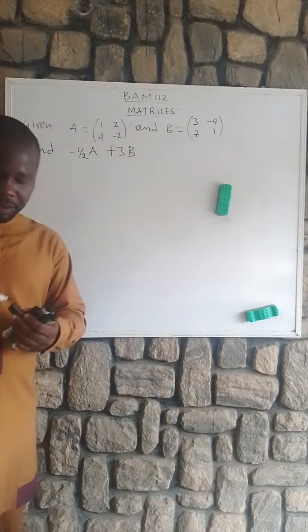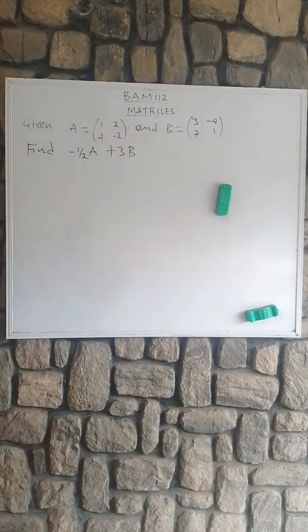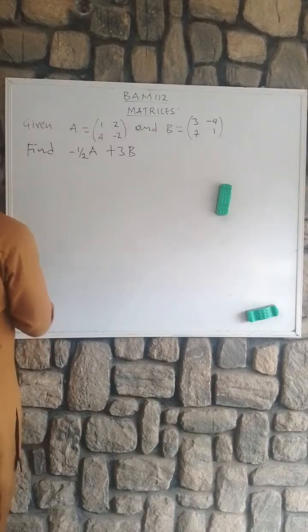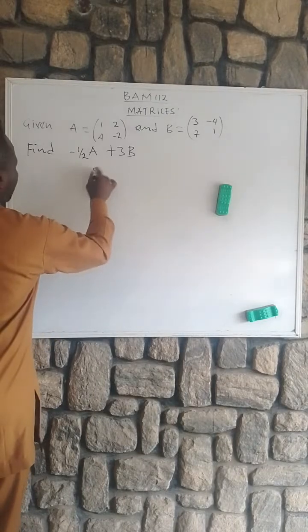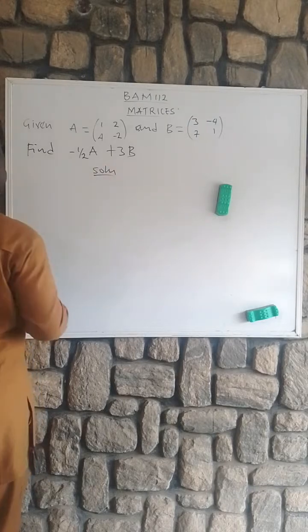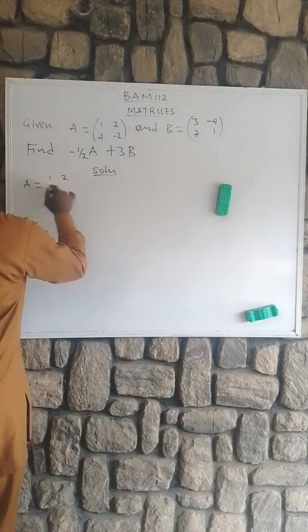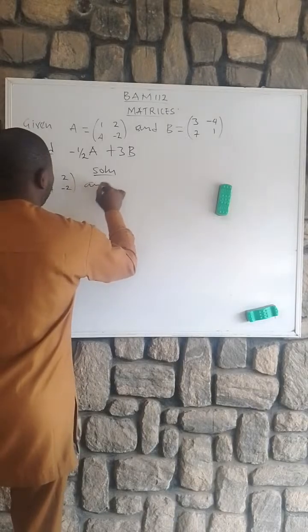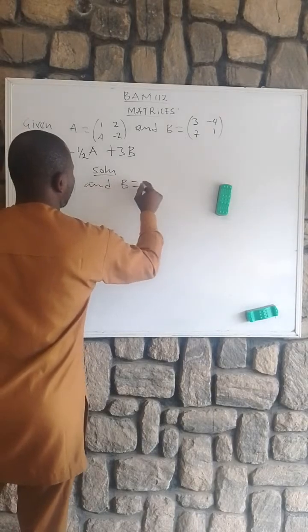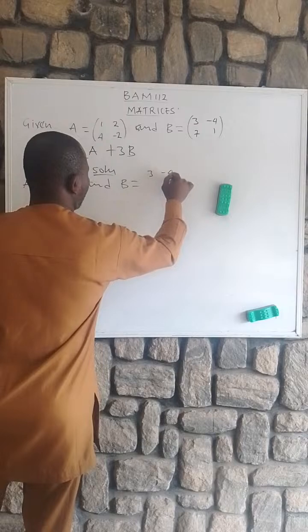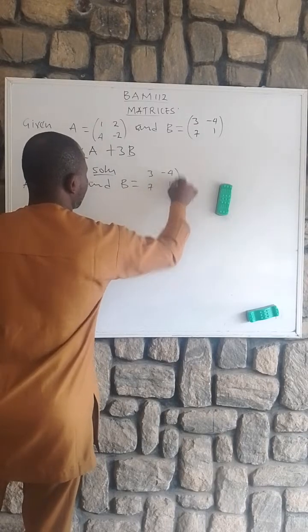Sometimes you may come across questions like this. So what we need to do here is let's write the solution. Matrix A is equal to [1, 2; 4, -2] and matrix B is equal to [3, -4; 7, 1].